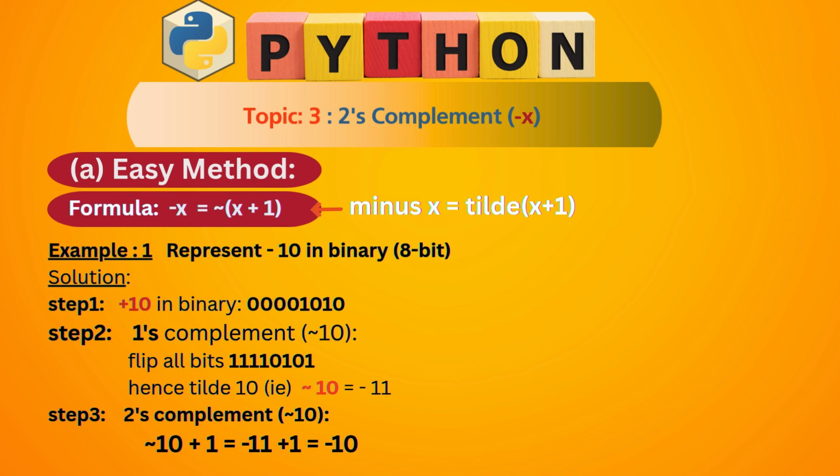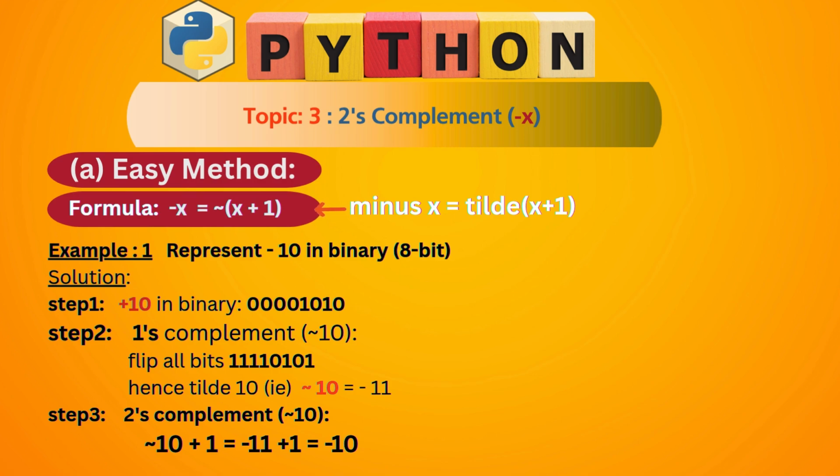Here we have to find the two's complement for the number 10. Step 1 is to find the binary of 10, which is 1010. Then the one's complement of 10 is minus 11. For two's complement we arrive from the formula minus x equals tilde of x plus 1.